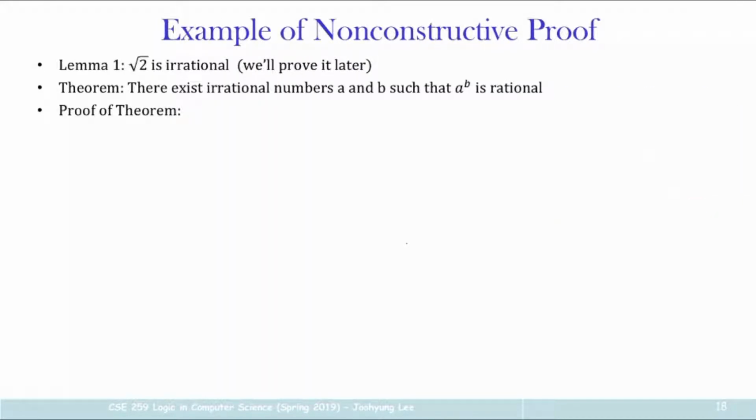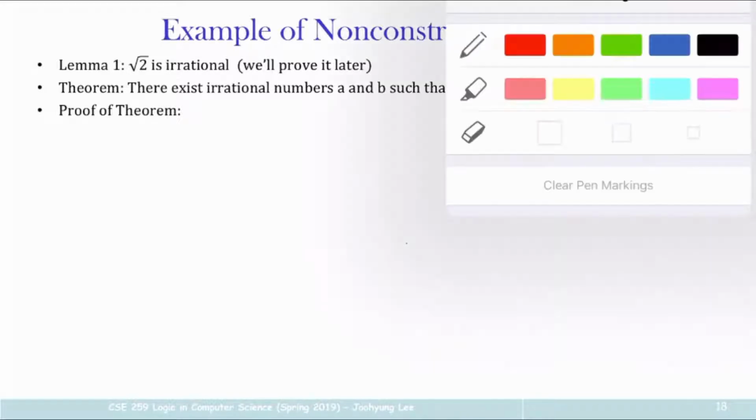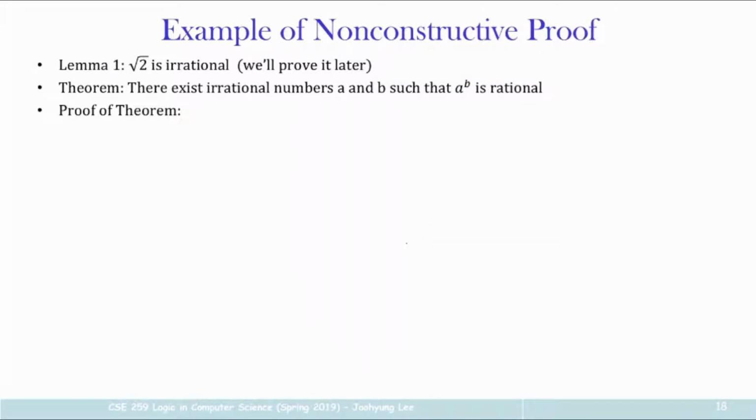So the proof of this theorem goes like this. Case split, so law of excluded middle. The claim is this number is either rational or irrational.